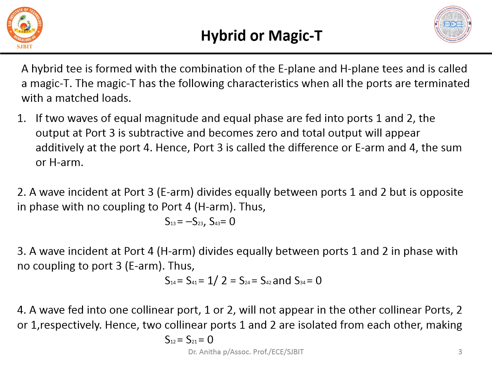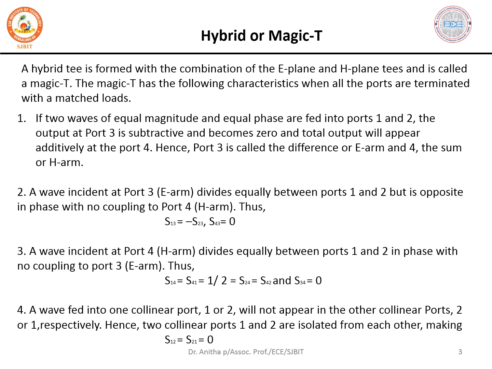And let us consider one more characteristic. Suppose a wave is fed into one of the collinear ports, either port 1 or port 2, it will not appear in the other collinear port. So we say that it is isolated. Similarly, if I give input at port 2, none of the power appears at port 1. So we say that the collinear ports 1 and 2 are isolated from each other. This gives you S12 equals S21 equals 0.